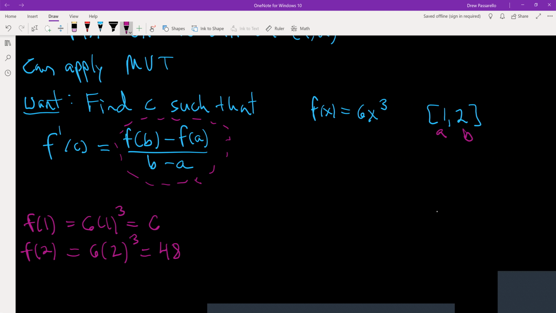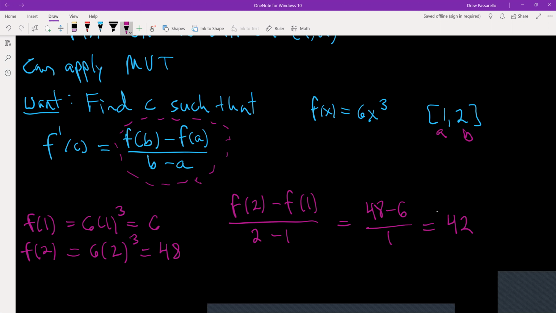So f of b minus f of a, that's going to be f of 2 minus f of 1, and then over b minus a, that's 2 minus 1. So that's going to equal 48 minus 6 divided by 1. All right, so 42. All right, so that is the right-hand side.